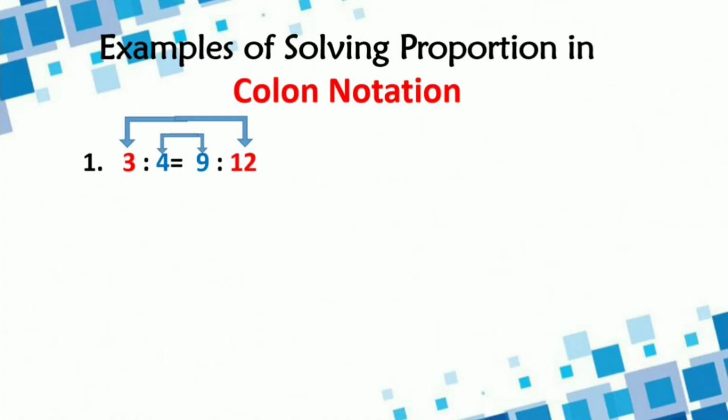Let's solve. We have 3 times 12 is equal to 4 times 9. 3 times 12 is equal to 36, and 4 times 9 is equal to 36 also. Therefore, yung ating ratios are proportion.